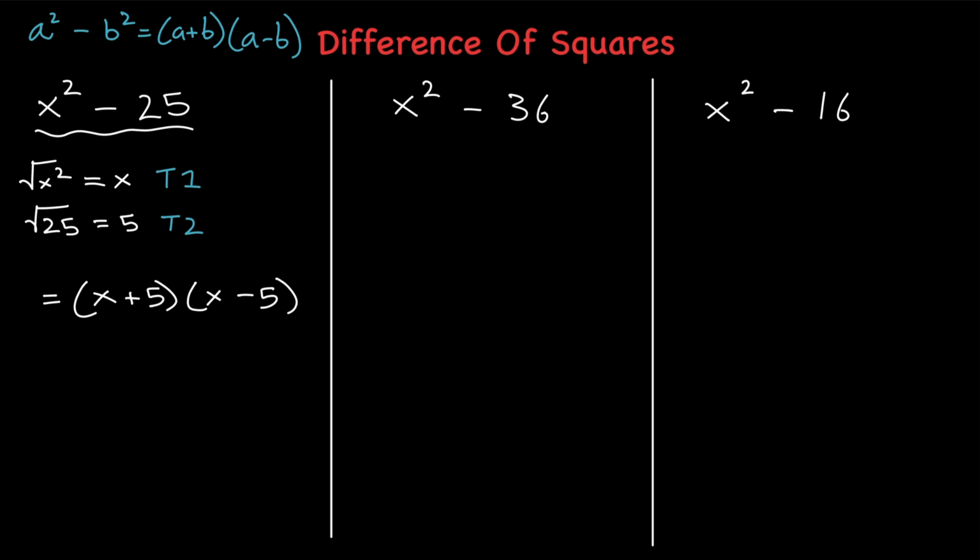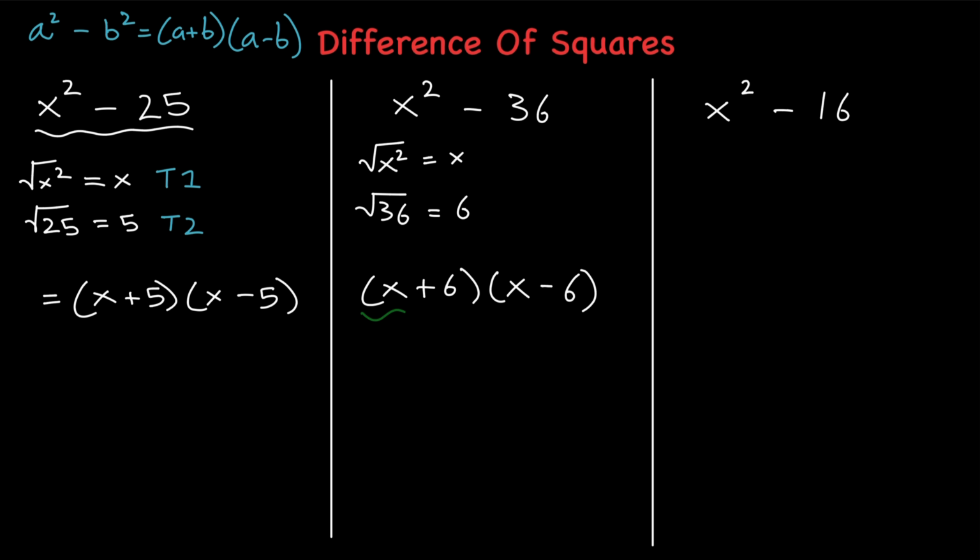For the next example, we have x squared minus 36. So once again, the square root of x squared is x, and the square root of 36 is 6. And so now we can write the factorized form as x plus 6 multiplied by x minus 6.